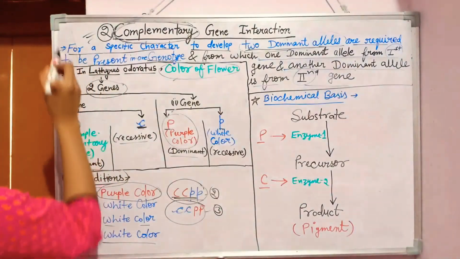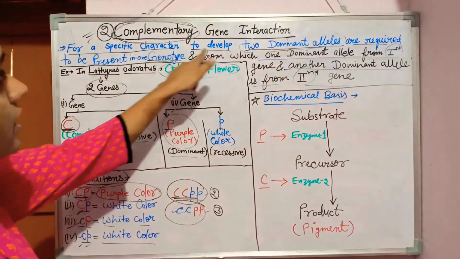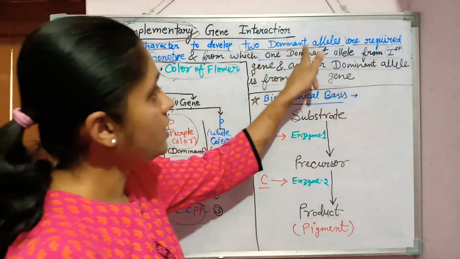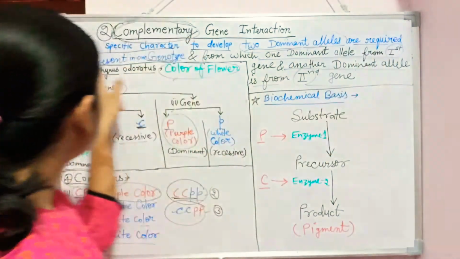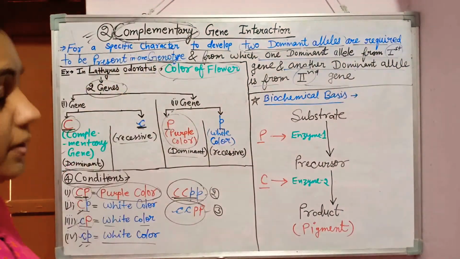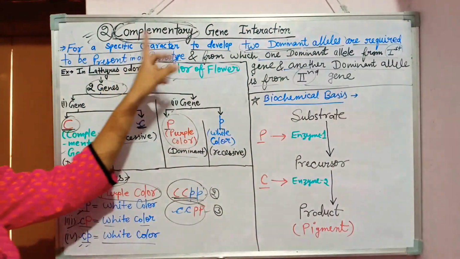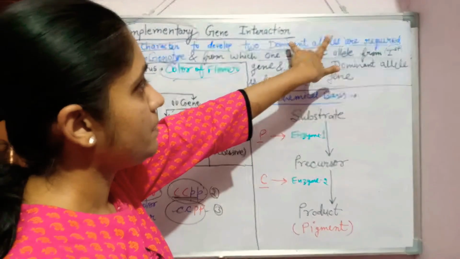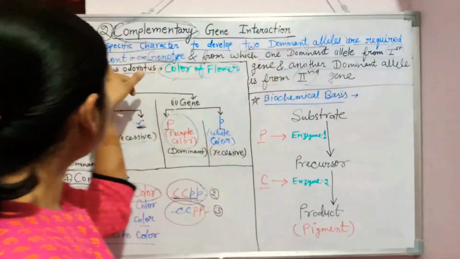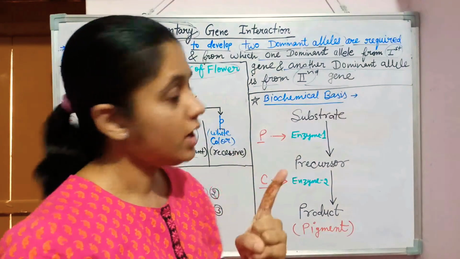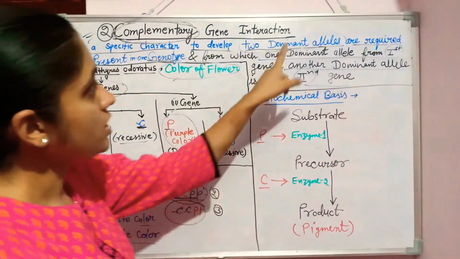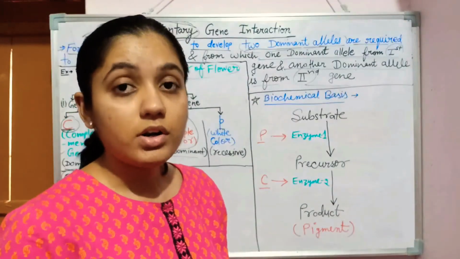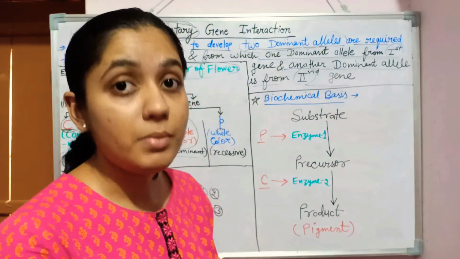So the definition is, for a specific character to develop, two dominant alleles are required to be present in one genotype. And what are the specific combinations of the alleles?